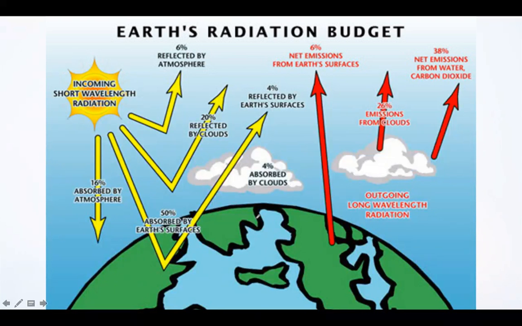Now, second part is this. You can see over here as well, incoming short-wave radiation coming in. Some of it will be absorbed by the atmosphere, some of it will be absorbed by the earth's surface, but more importantly, some of it will become outgoing long-wave radiation.